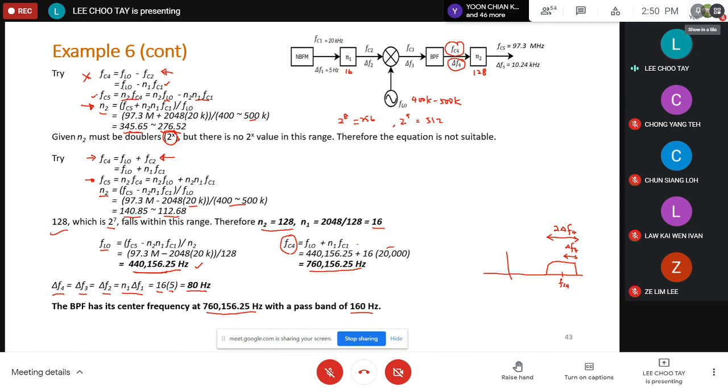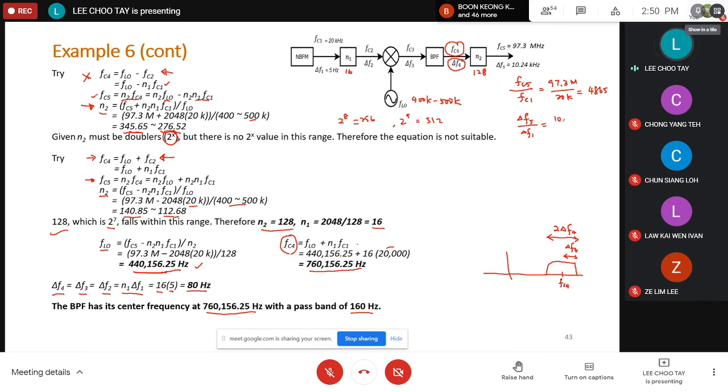So one clue that you can use to reduce the trials you need to perform is you take FC5 divided by FC1. In this case, it's 97.3 meg divided by 20K. So it gives you a factor of 4865. And then you divide your delta F5 by delta F1.